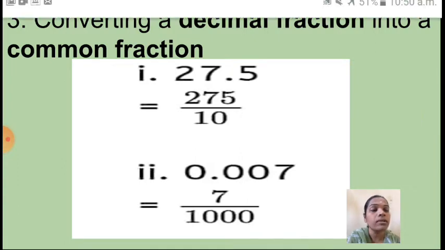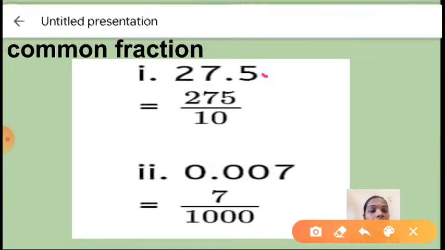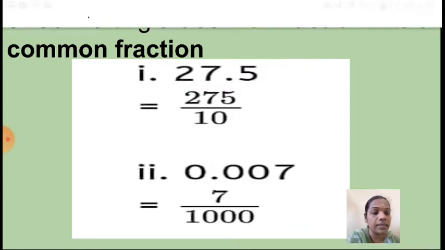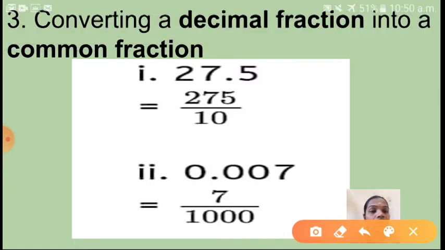So the first question is, yes, 27.5. What is this? A decimal fraction. Already I told you, a decimal fraction can be written without a denominator with the help of the decimal point. This decimal fraction you have to convert into a common fraction.